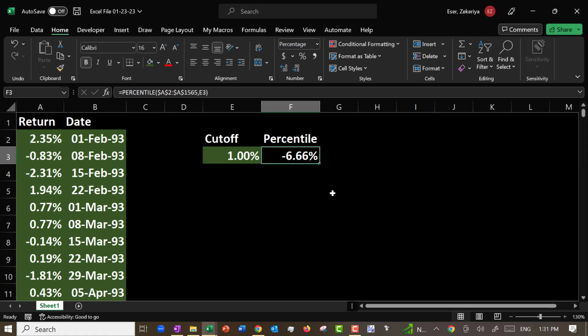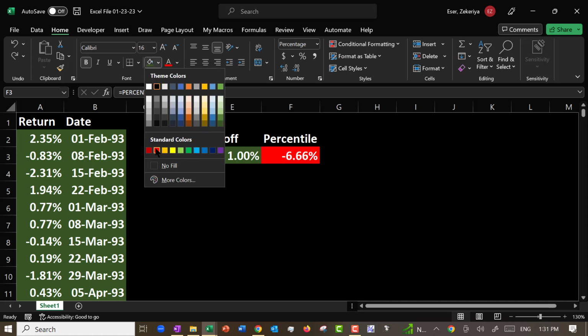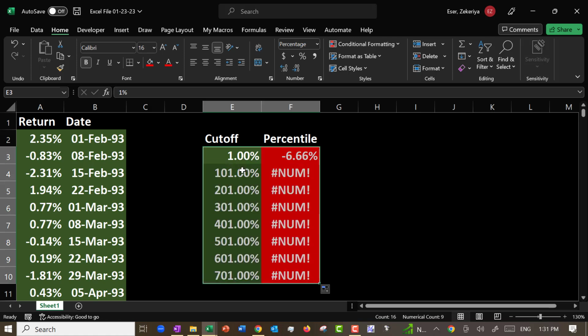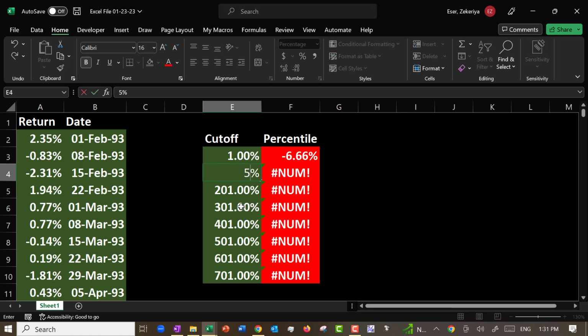That means 1% of the time, the actual return on the S&P 500 index or ETF was below negative 6.66. I'm going to copy this for a number of numbers.